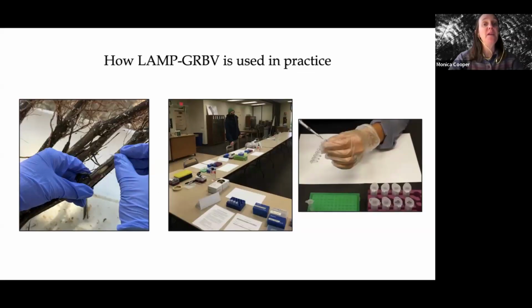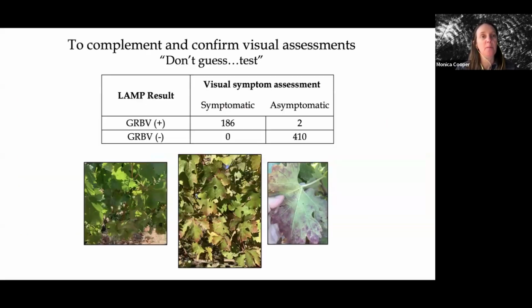Okay. For the last part of the talk, I'm going to talk about how the LAMP assay is being used in practice. As I mentioned, we've been doing this in-house at UCCE Napa, but we have also been working with many growers in Napa and the broader North Coast region who have started using LAMP.